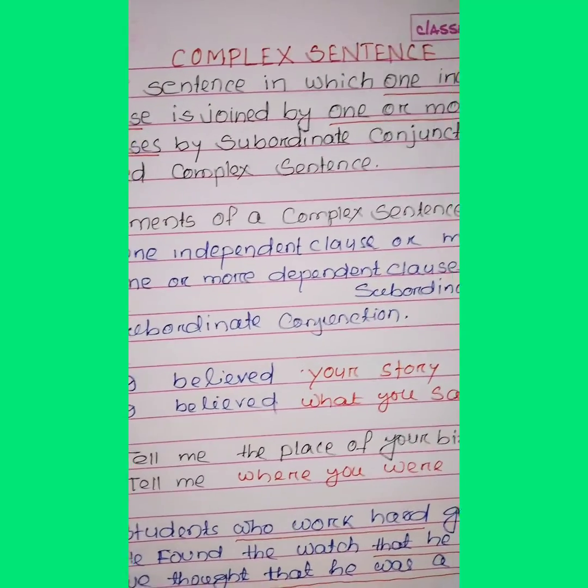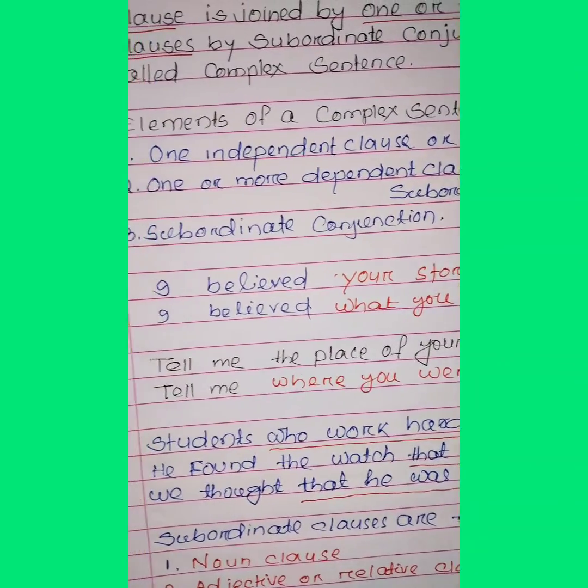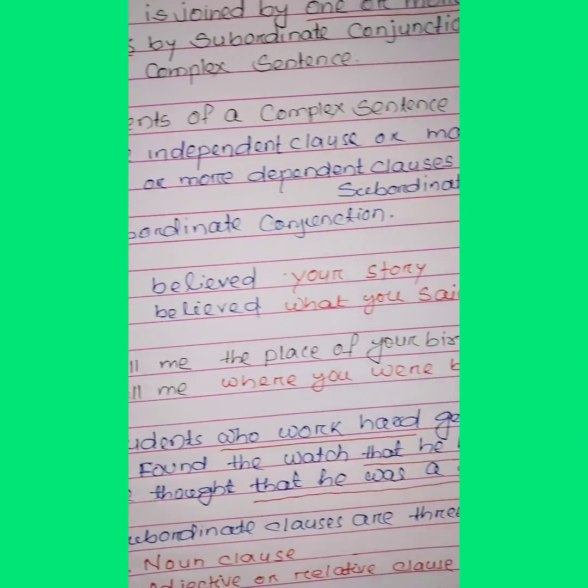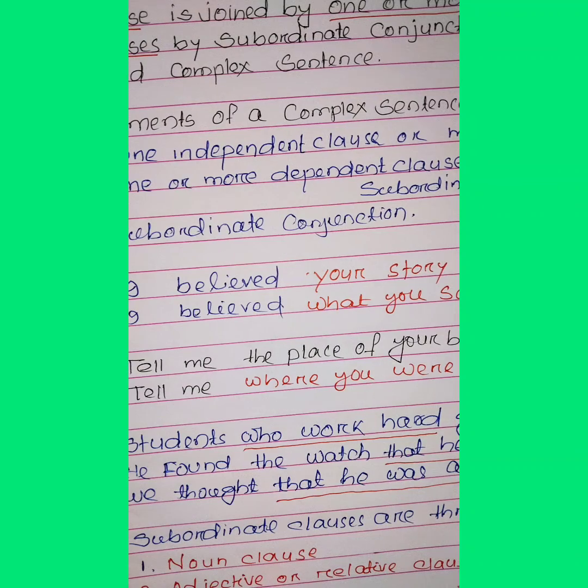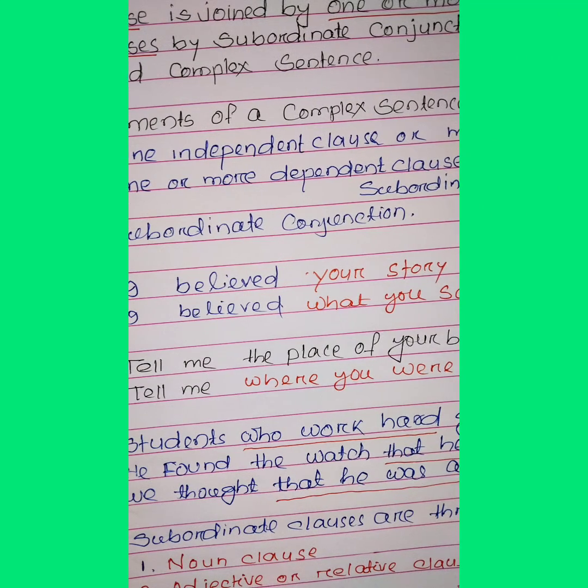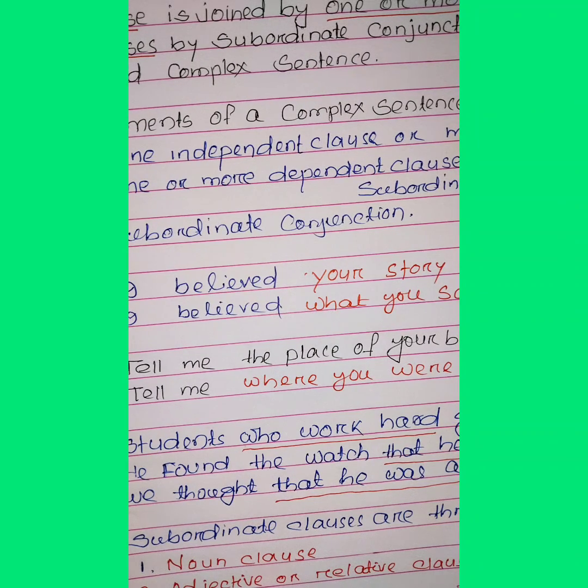Similarly, students who work hard get success. Here the subordinate clause is who work hard. Main clause is students get success, and it forms a complex sentence. Similarly, he found the watch that he had lost. It is meaningless without being added to he found the watch.